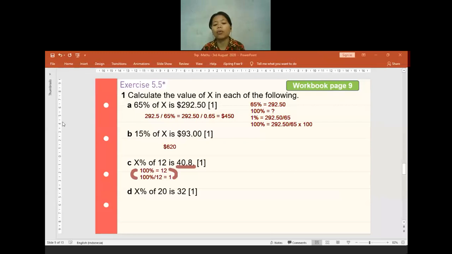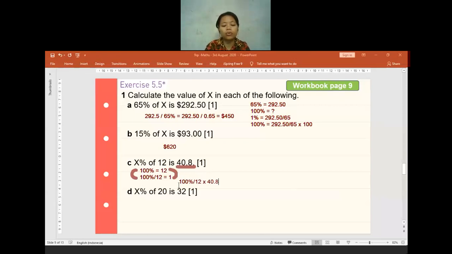Later, if I want to find the 40.8, I just need to multiply the 100% divided by 12 by 40.8. So the number 1, I multiply by 40.8, and the 100% divided by 12, I also need to multiply by 40.8.